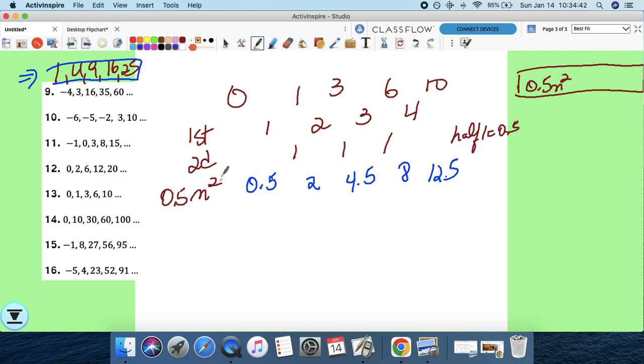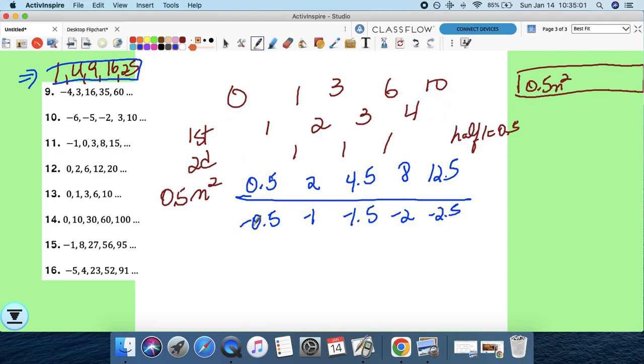I'm doing something wrong. Alright, let's see. Negative 0.5, minus 1, minus 1.5, minus 2, and then minus 2.5.